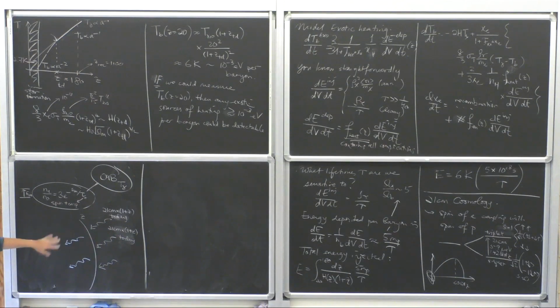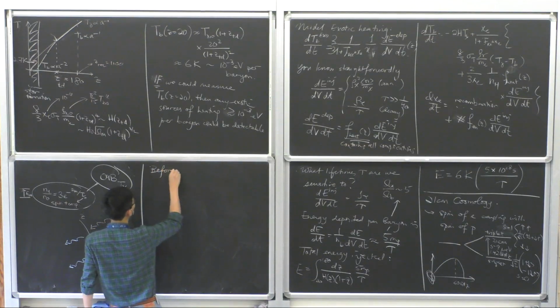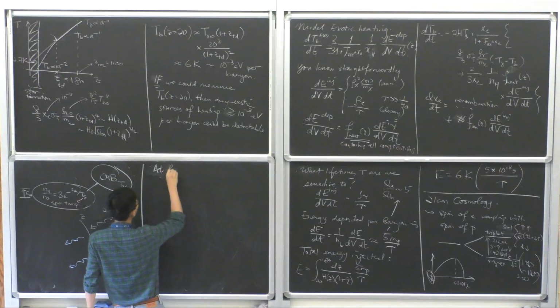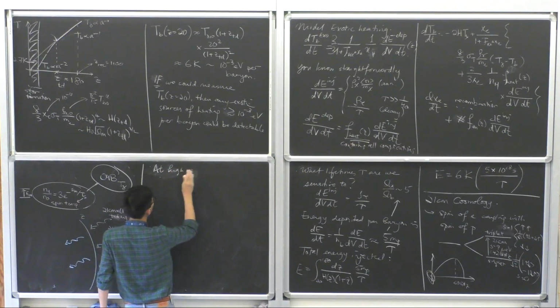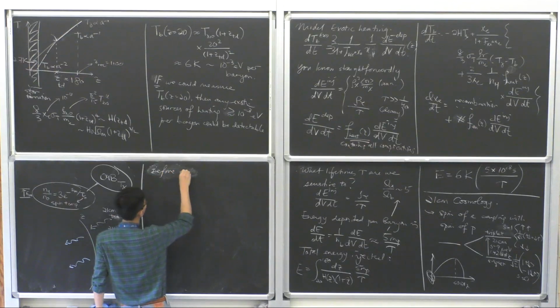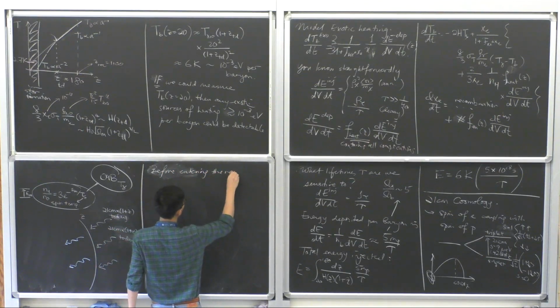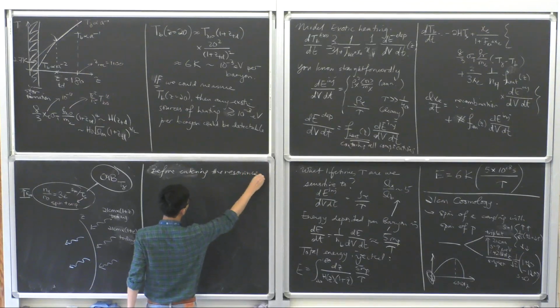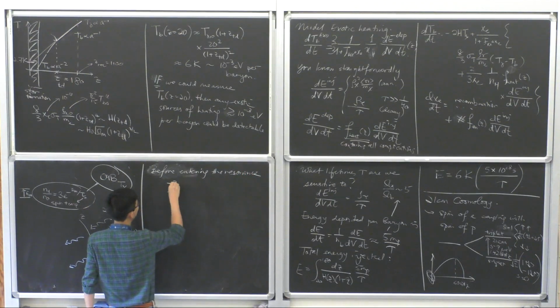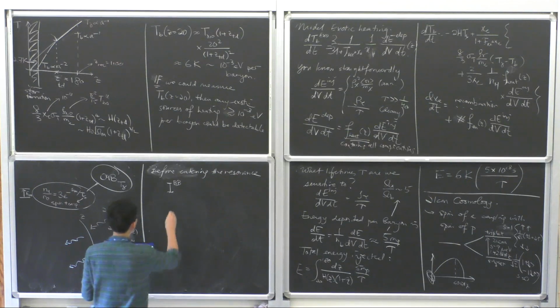Now, the thing that you want to know is the change in the intensity, right? So before absorption, before entering the gas, entering the resonance, the intensity is given by the black body intensity at 21 cm.